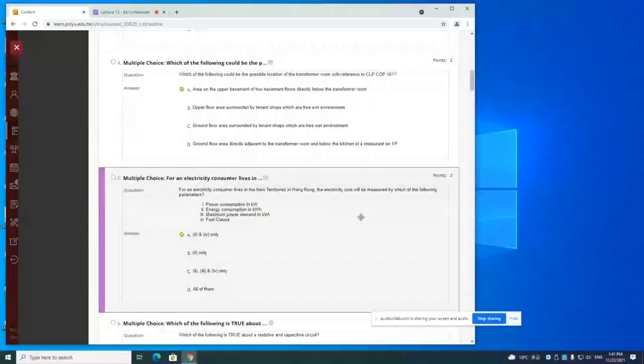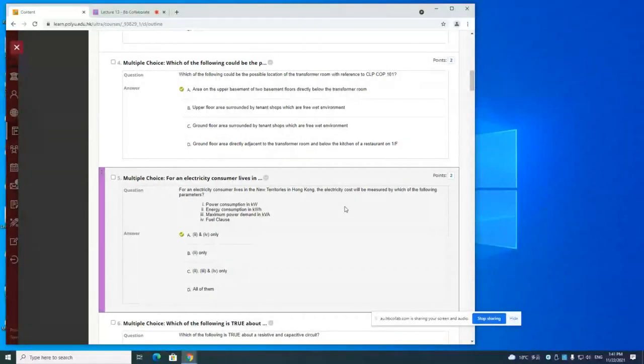Okay. And question number 4: which of the following could be possibly location of the transformer room according to the COP, COP 101? Again, so if you've done the design project, okay, you're supposed to know that one, okay. The area on the up basement of 2 basement floors direct below the transformer room.